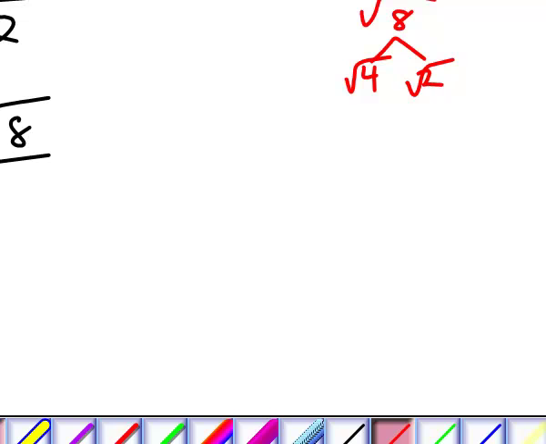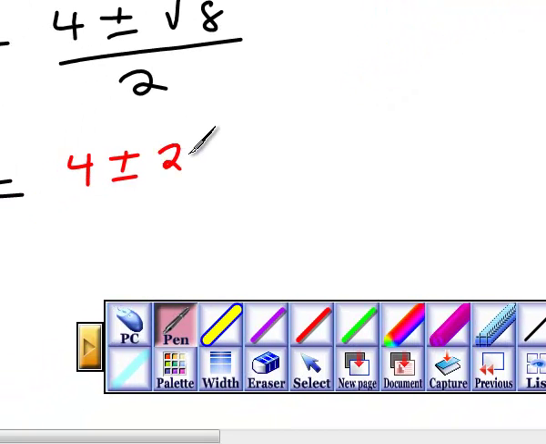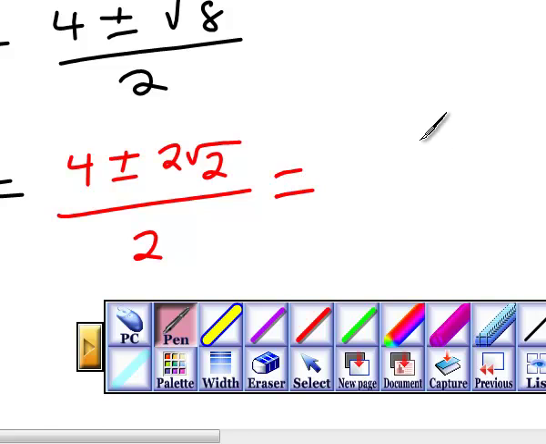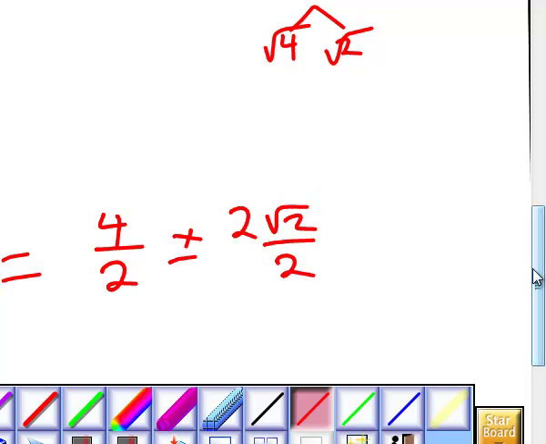So the square root of 8 is going to be 4 plus or minus what? Square root of 4. Well, what's that? 2 square root 2 over 2. But we want to simplify that, right? So we can split it. 4 over 2 plus or minus 2 square root 2 over 2.